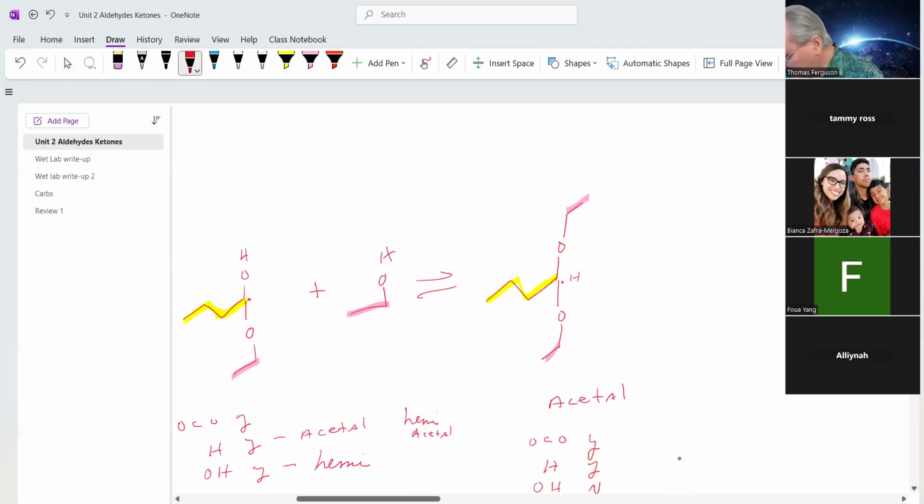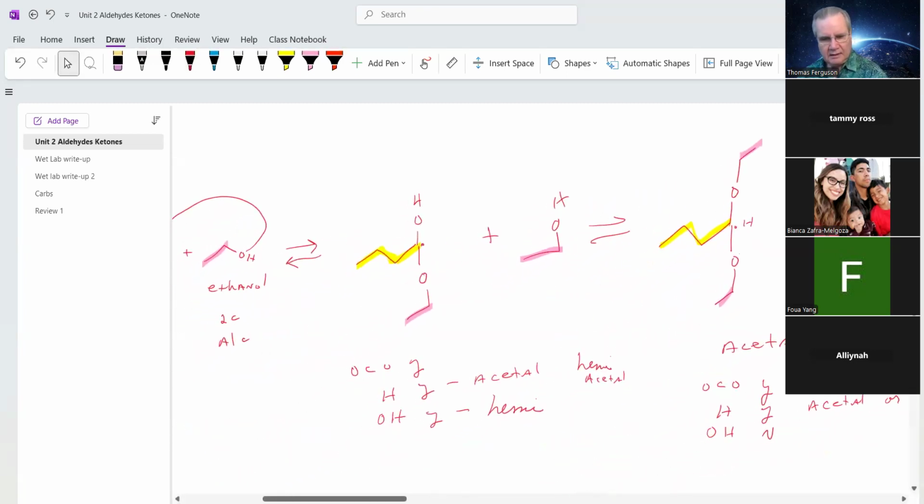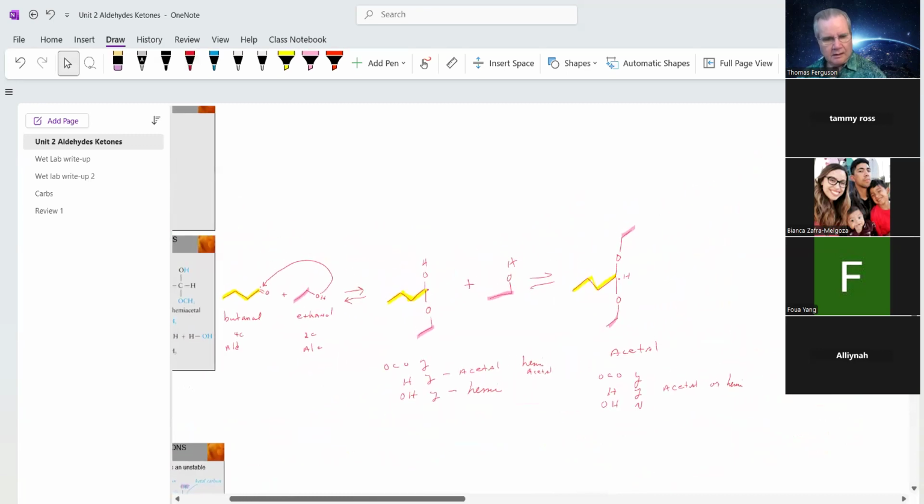The fact that there's an H there means that it's an acetal or hemiacetal. And because there's no H, it means it's an acetal. So that is a typical reaction.